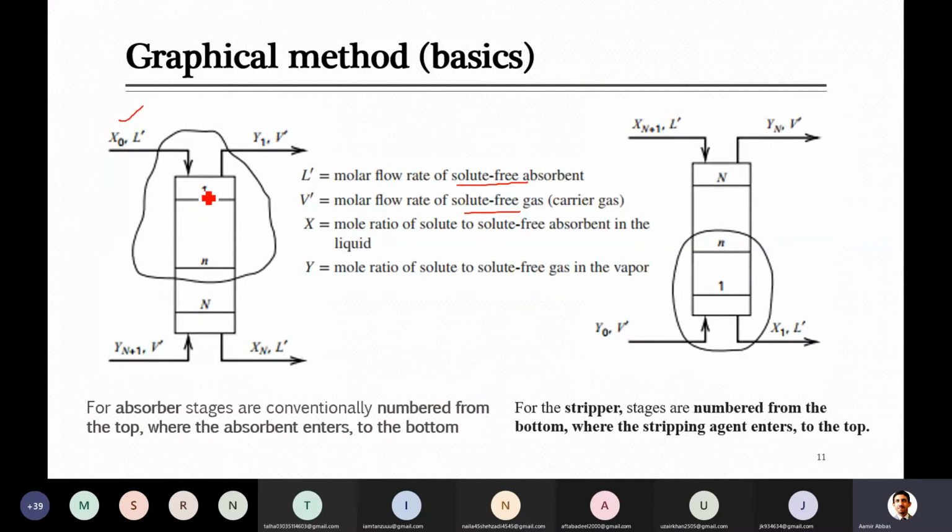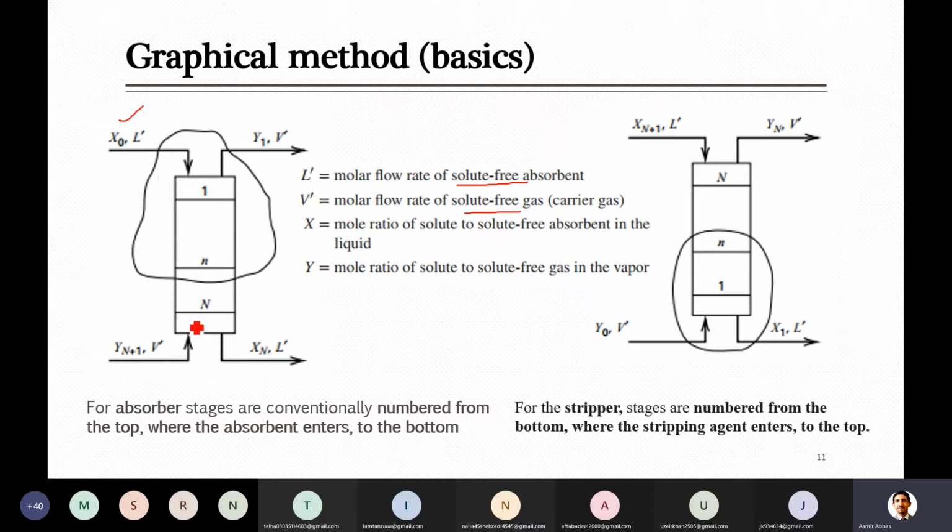This is tray 1. We consider that because this is coming just before tray 1, there will be a stage 0 before this. So this is X naught, X0, the concentration of the solute coming from stage 0. Anything before this is considered as 0.